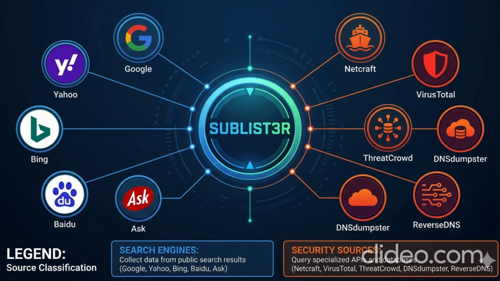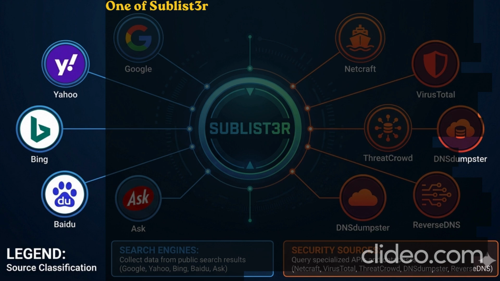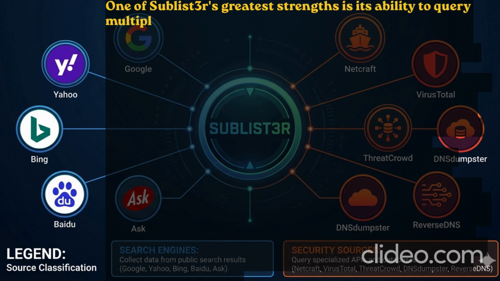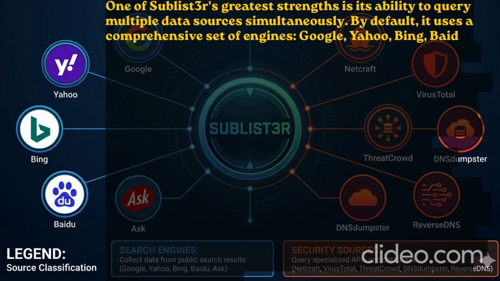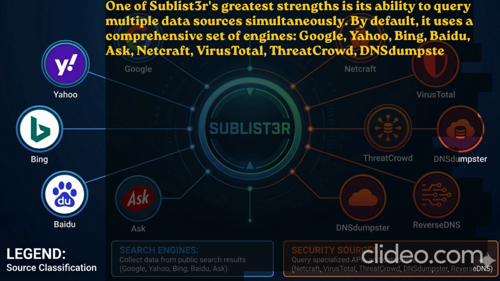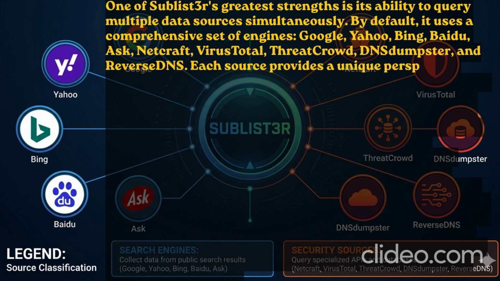One of Sublist3r's great strengths is its ability to query multiple data sources simultaneously. By default, it uses a comprehensive set of engines: Google, Yahoo, Bing, Baidu, Ask, Netcraft, VirusTotal, ThreatCrowd, DNSdumpster, and ReverseDNS. Each source provides a unique perspective. Google has the most extensive index of web pages.